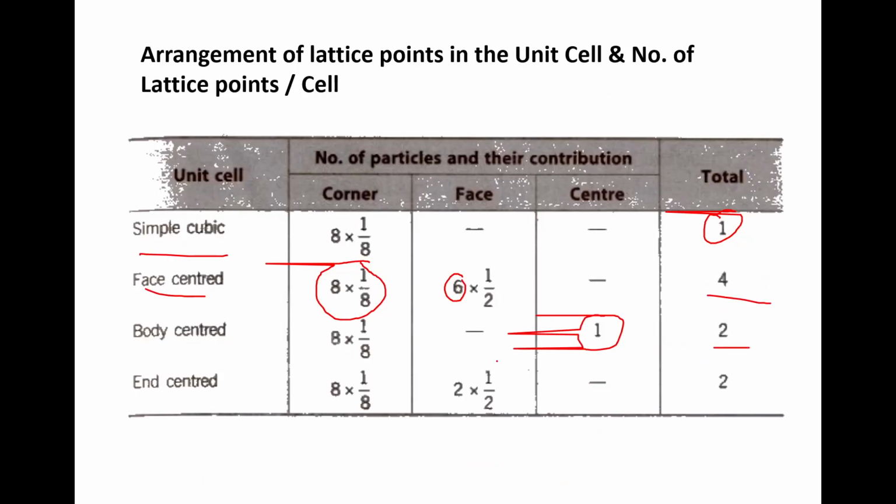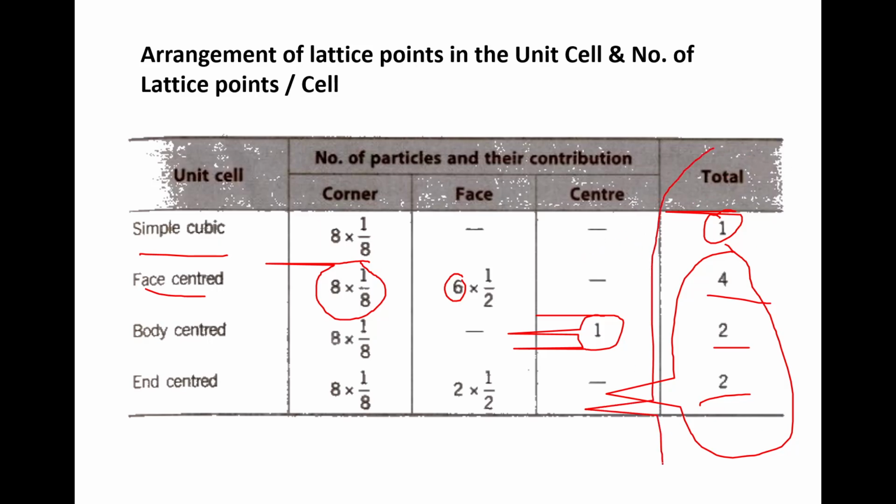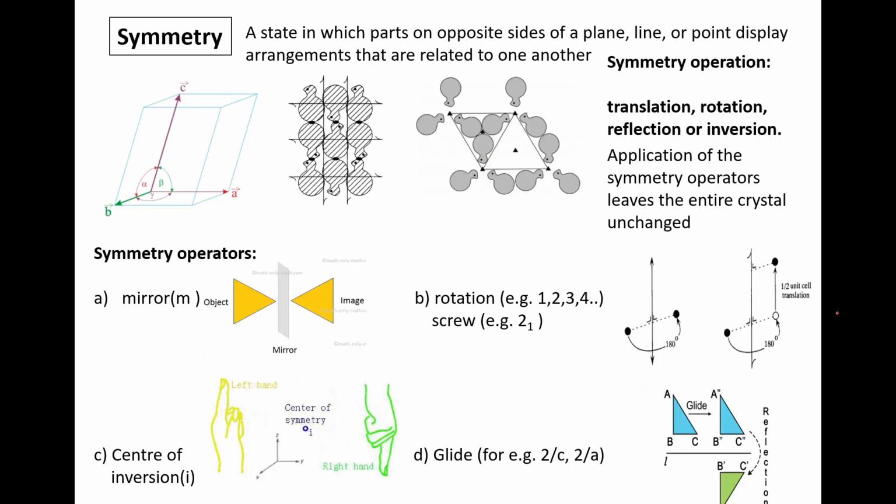So 2 multiplied by half is 1. 8 multiplied by 1 by 8 is 1. 1 plus 1 is 2. So this is how the contributions of atoms in different lattices are calculated. This is something that is sometimes asked in your questions as well. Okay, so this is the logic behind that.